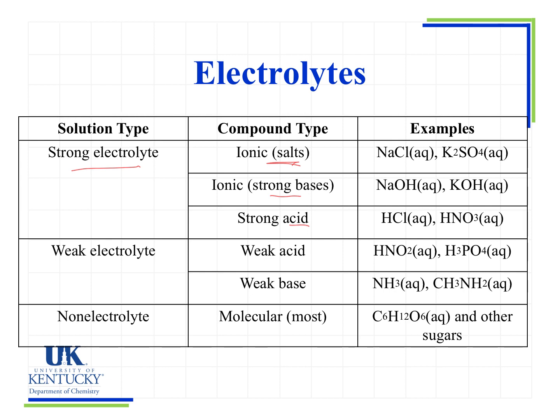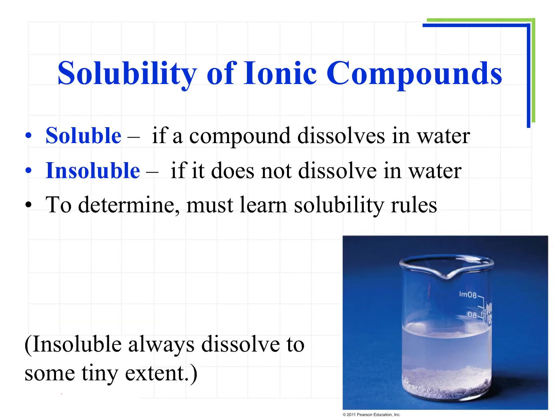Weak electrolytes are acids or bases that do not completely dissociate in water, so weak acids and weak bases are weak electrolytes. Molecular compounds, most of them do not ionize, and if they do not ionize, they do not conduct electricity, so they are non-electrolytes.